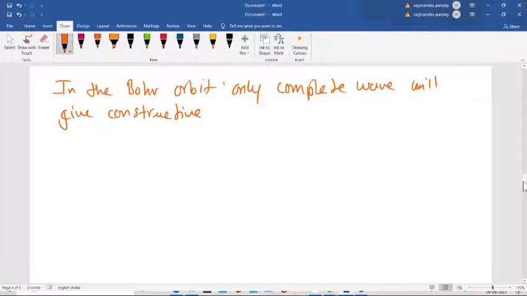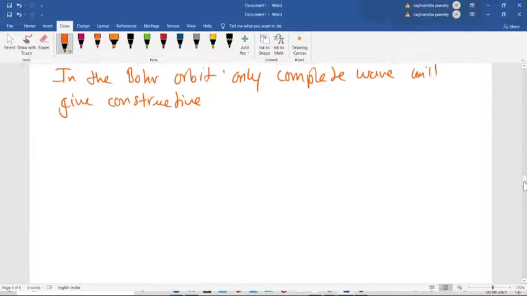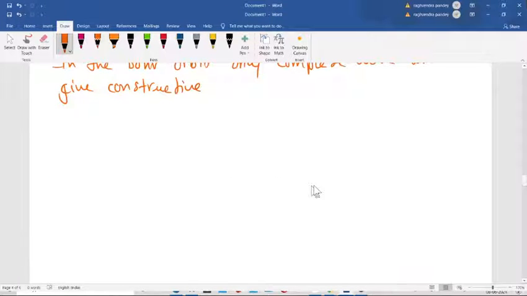Now I want to give a brief idea of the Heisenberg uncertainty principle because there is only some time left. So let's go to another topic, that is uncertainty in measurement.